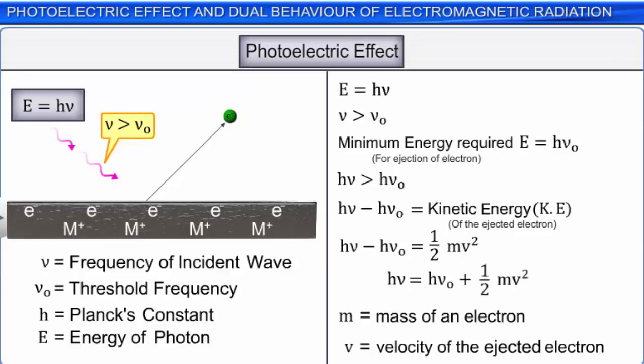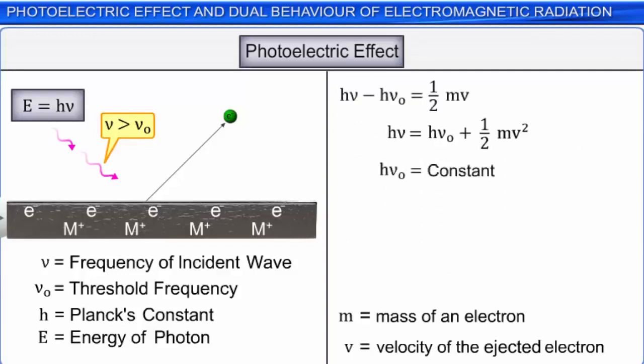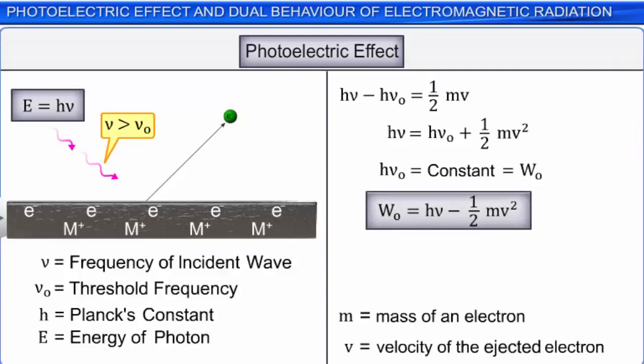H nu 0 is constant for a particular metal and is designated as W0, which is called work function. Now, the equation in terms of work function is as shown. Let us observe the values of work function for a few metals.